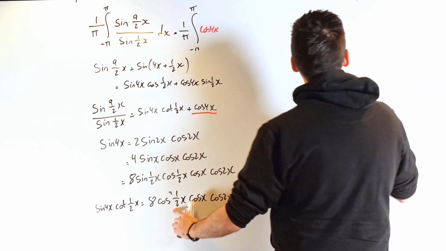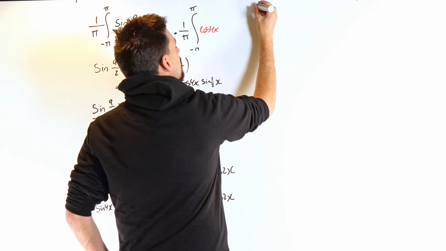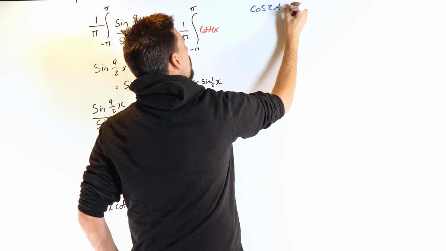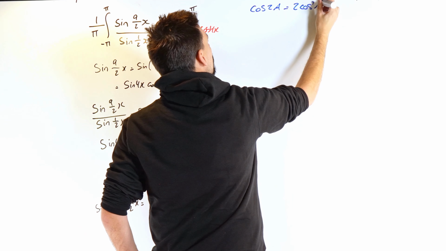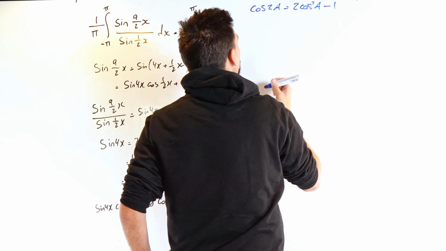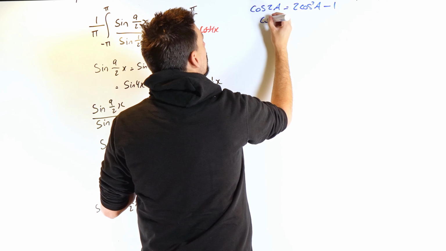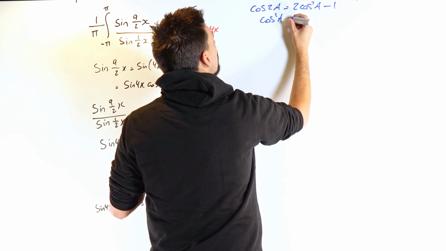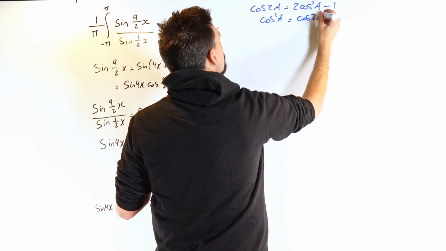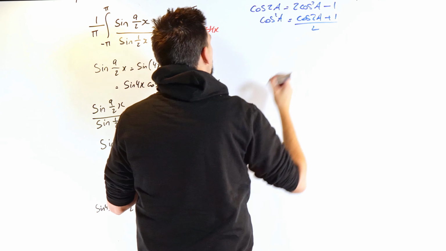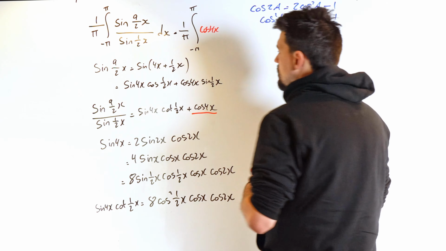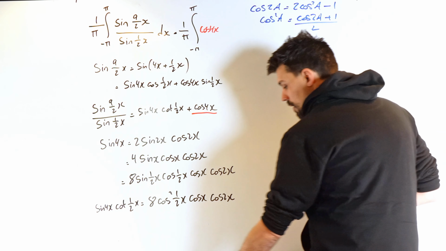Now, we're going to use and abuse today our identity cos of 2a is 2 cos squared a minus 1, i.e. cos squared a is equal to cos 2a plus 1 over 2. We're going to use and abuse that. All right.